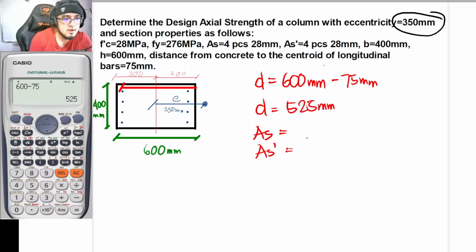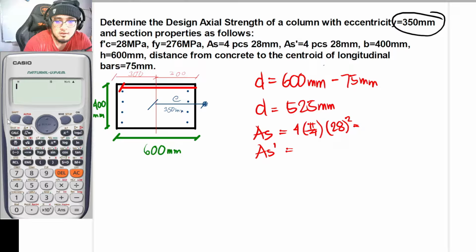So that is now to be equal to 4 times pi over 4 times the diameter squared, that is 28 squared. Looking at the calculator to your left, that is equal to 2463.00864.